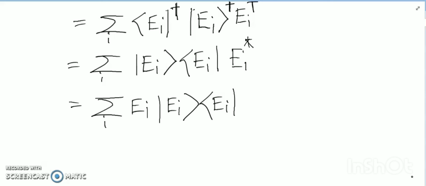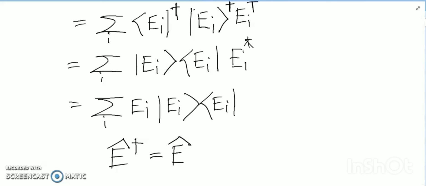So we have just proved that the Hermitian adjoint of a physical observable is itself.